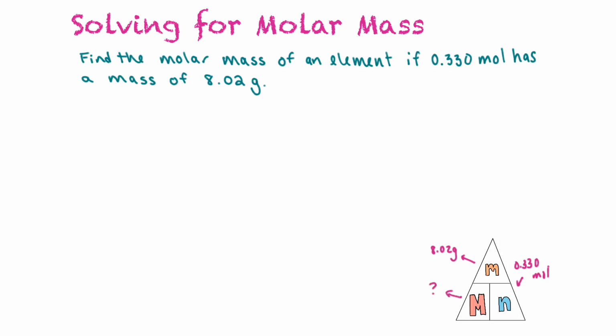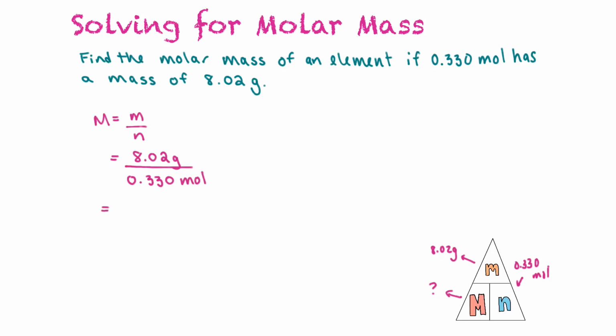So we're going to rearrange the formula. So molar mass is equal to the mass divided by the number of moles. So we have 8.02 grams and we have 0.330 moles.